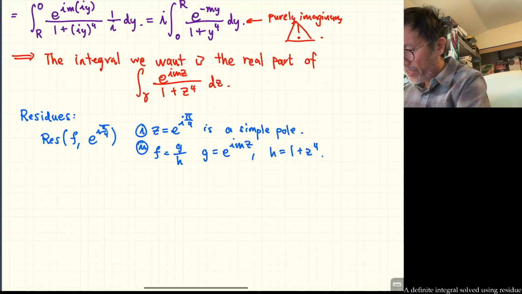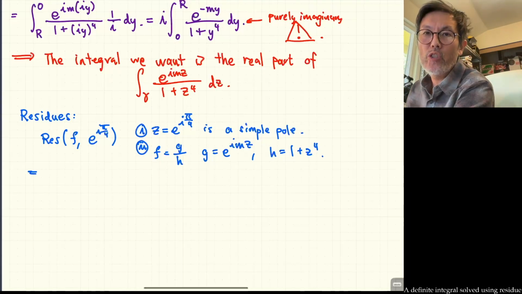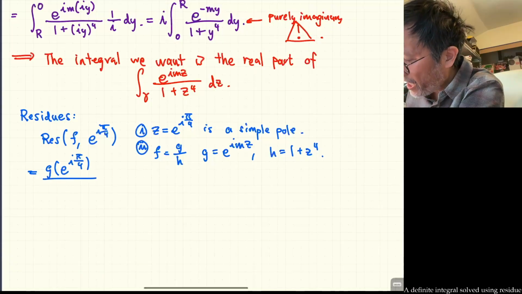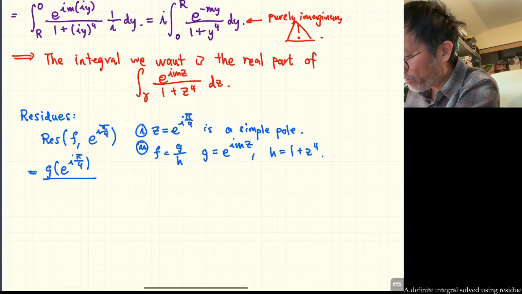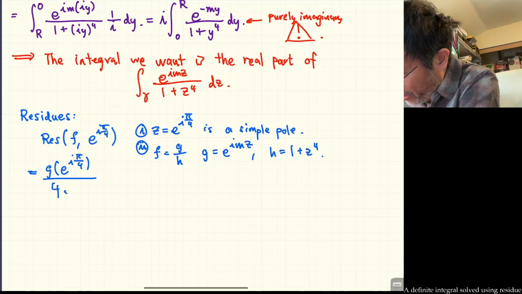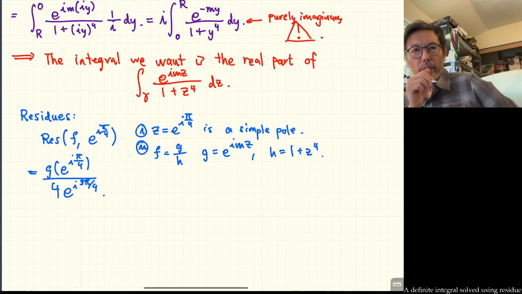Then what we can conclude is that this residue here is equal to g of z naught, so g of e to the i pi over 4, divided by h prime of e to the i pi over 4. And the derivative of h, I know you know, is 4z cubed. So that's 4 times e to the i 3 pi over 4. Okay?